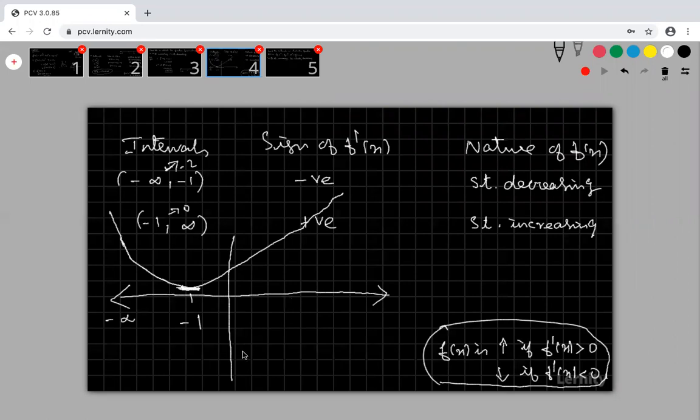In this interval, function is decreasing. In this interval, minus 1 to infinity, the function is increasing. But consider the entire set of real numbers, minus infinity to plus infinity. Is the function increasing or decreasing?